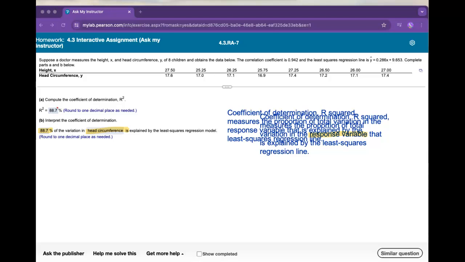So this is the way it's going to be stated every time. Whatever the correlation coefficient squared, or in other words, the coefficient of determination, that is the proportion in percent of total variation of the response variable that's explained by the least squares regression line. I hope this helps.